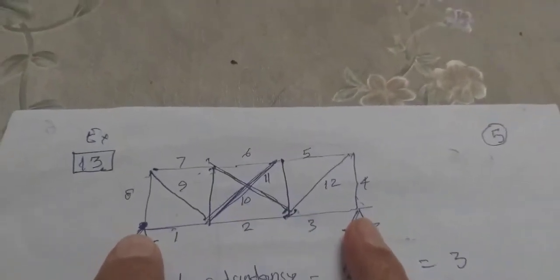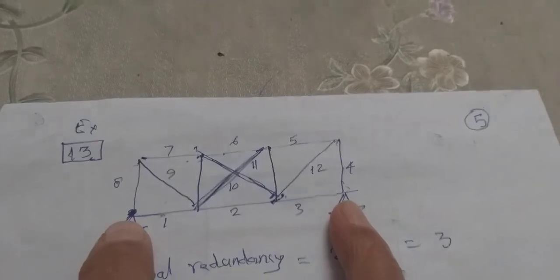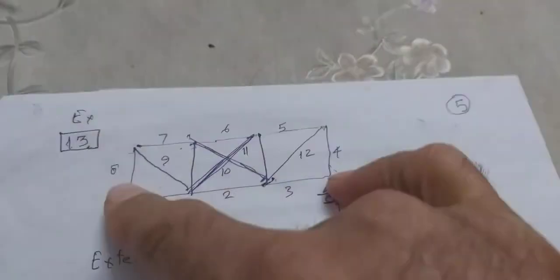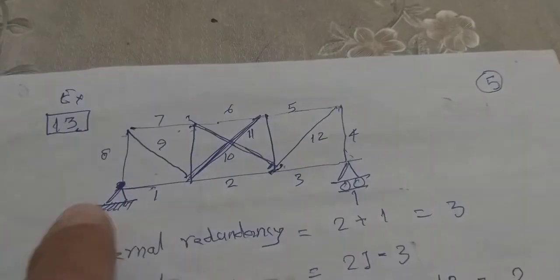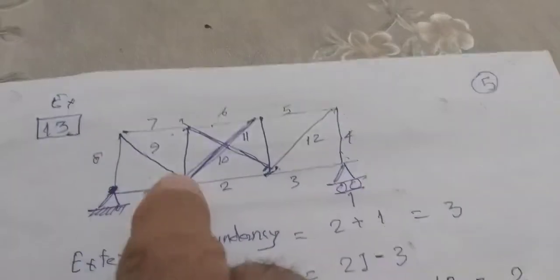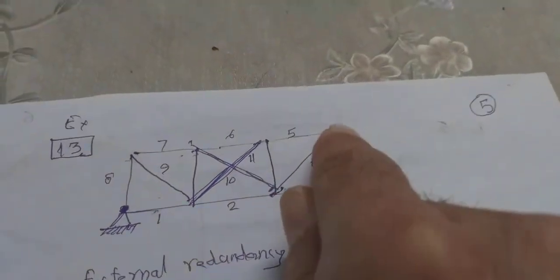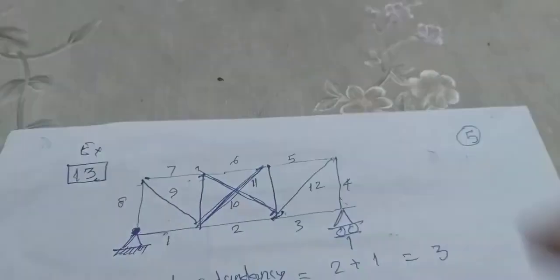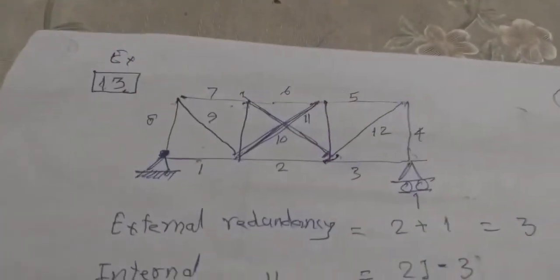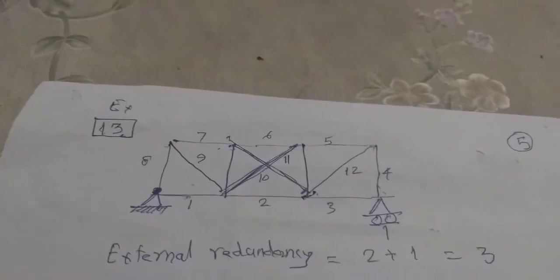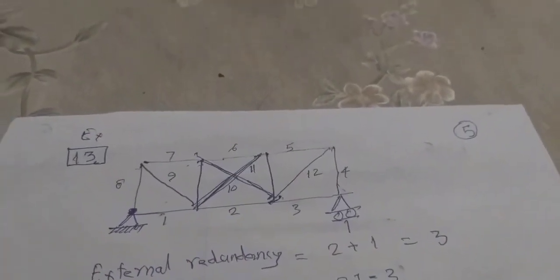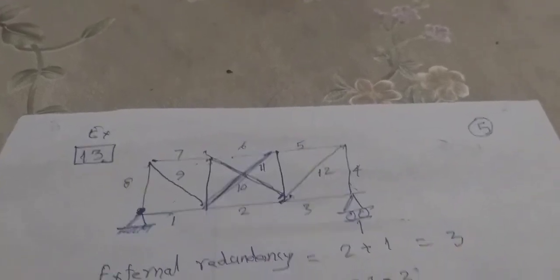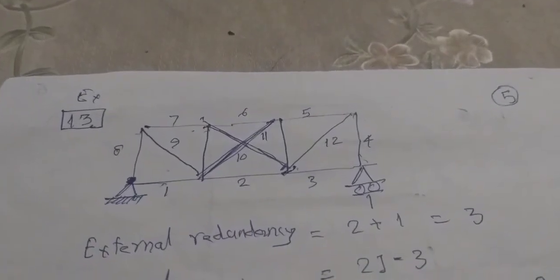Now let us talk something about the number of joints and number of members. We find joints 1, 2, 3, 4, 5, 6, 7 and 8. 8 joints are there, so 2 into 8 is 16 minus 3, that is 13. We must need 13 members for internal determinacy.